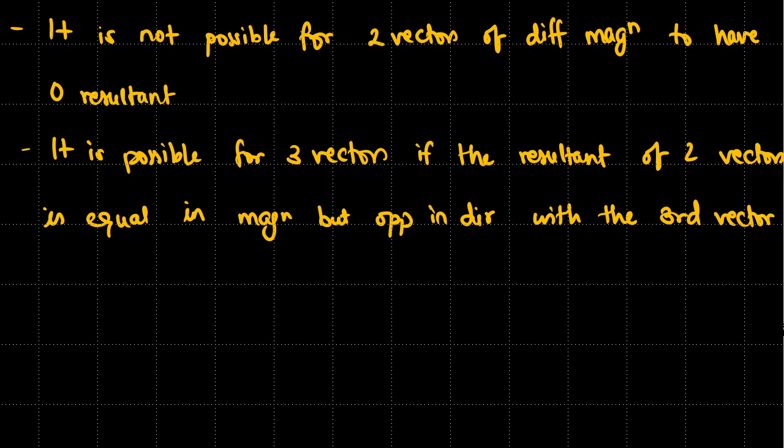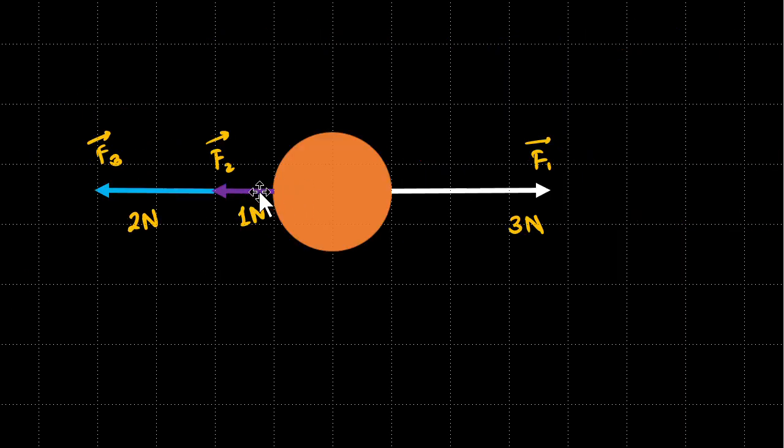So what does this mean? The resultant of 2 vectors equal in magnitude but opposite in direction. In this case, both these vectors have 3 newtons, right? That's why this 3 newtons and this 2 newtons cancelled out to give us 0. But let's suppose there is a case where the angles are not exactly on this, whereas they are rotated by something.